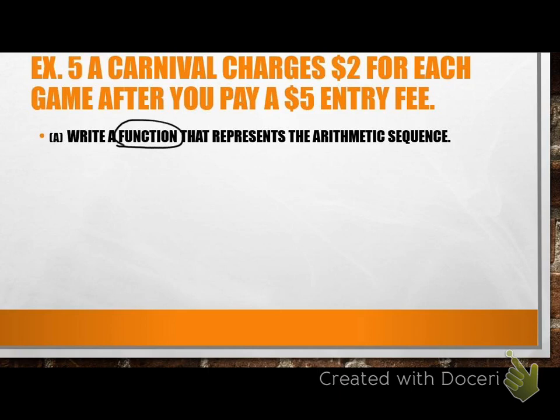When we see the word function, what form do they usually want our answer in? Yes, but even more than y equals mx plus b, what do they want instead of y? All right, they want f of x equals mx plus b.